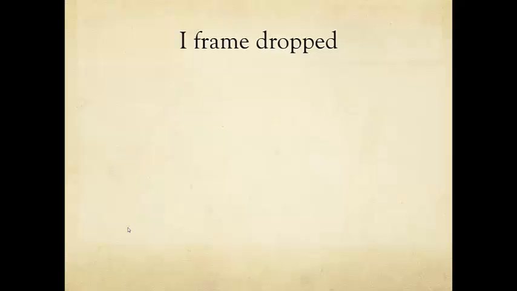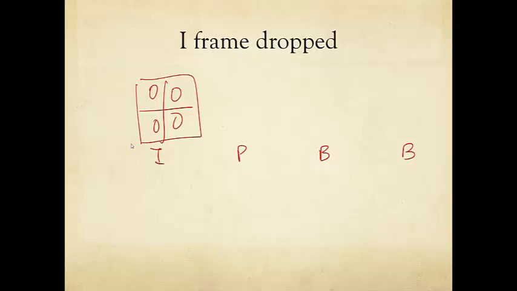But let's say the I frame is dropped, then you just repeat, and you will get 0, 0, 0, 0 for the I frame in the playback. The advantage of using this boring video example is that we can represent this video with a single number because every pixel is the same number. So it's 0.